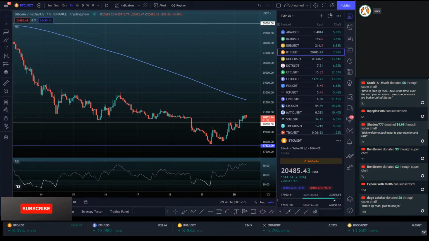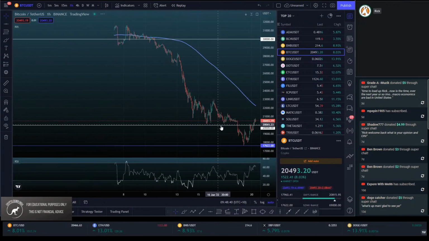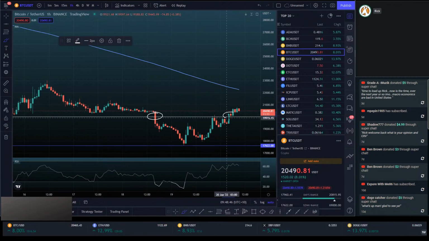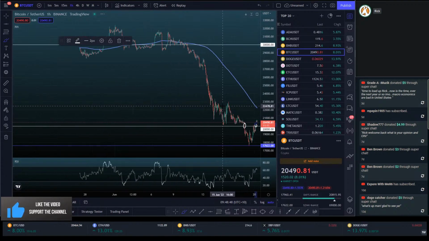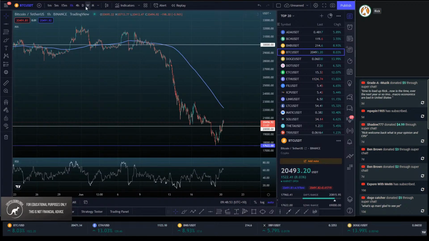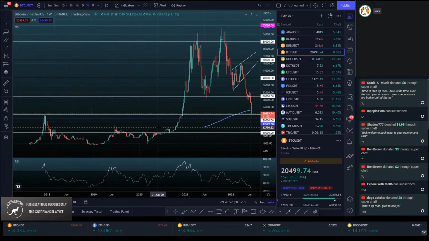So let's have a look. We've got that $20,000 psychological level broken. So we've broken below that all-time high from 2017, as we all know. Let's zoom in a bit.